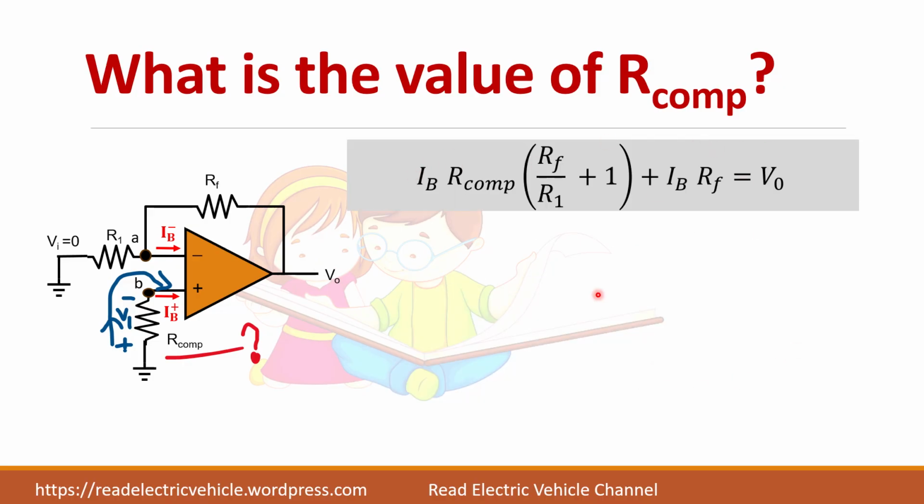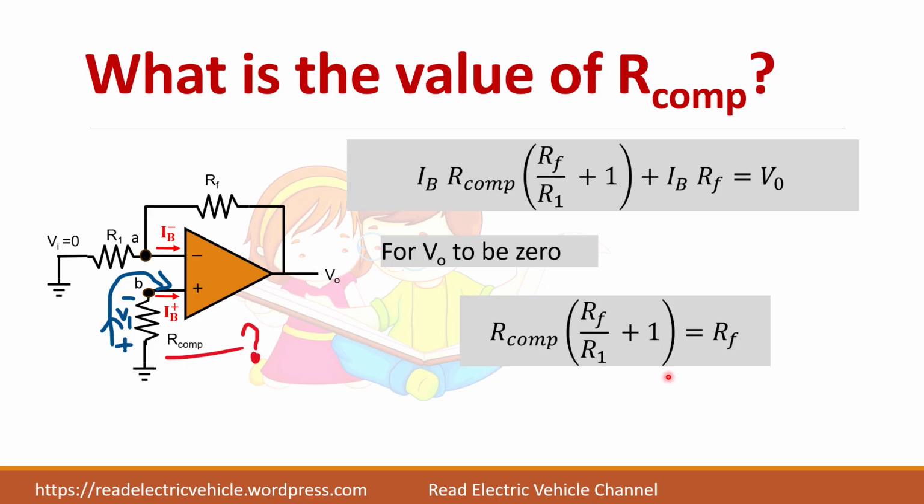So now what is my objective? I want to make the output voltage 0. So if this should be 0, this component of R must be equal to this component of R so that this voltage will become 0. So this component is equal to RF.